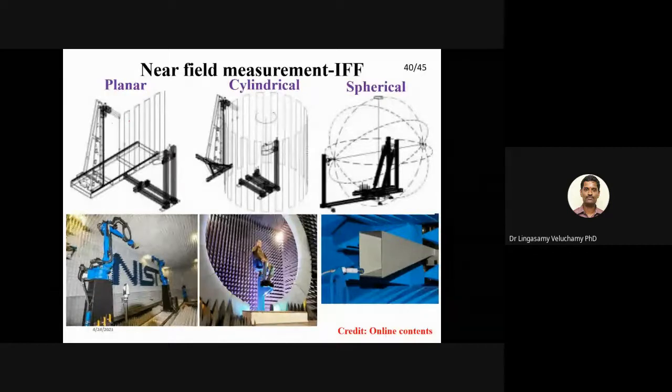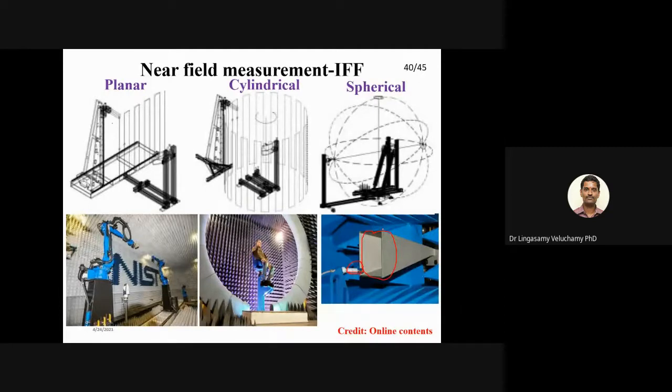So we place the probe near the device, the DUT, the antenna under test, and measure the fields. Then you take the FFT, the fast Fourier transform, and then you will find the radiation pattern. This is the indirect far field.